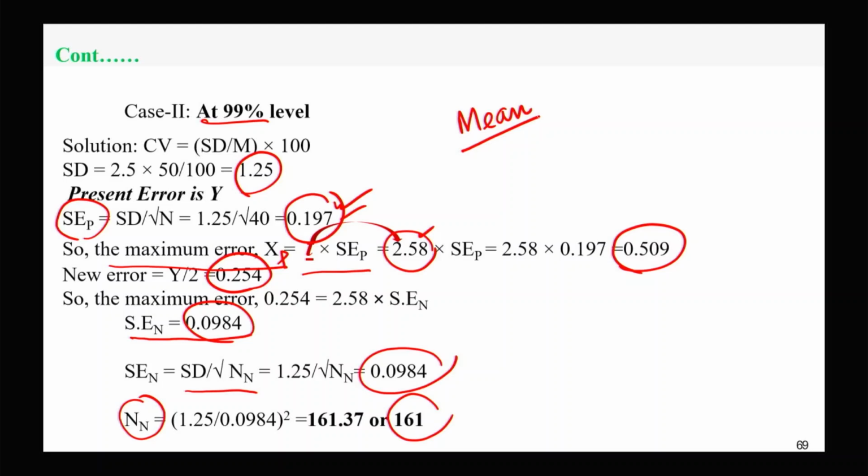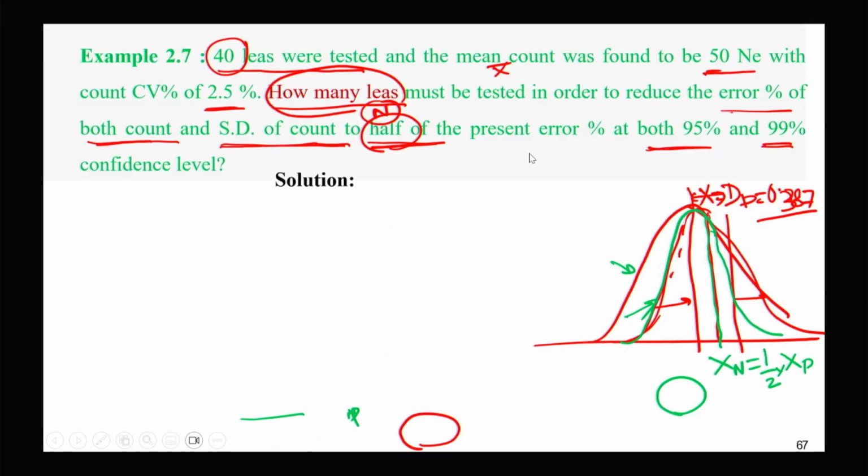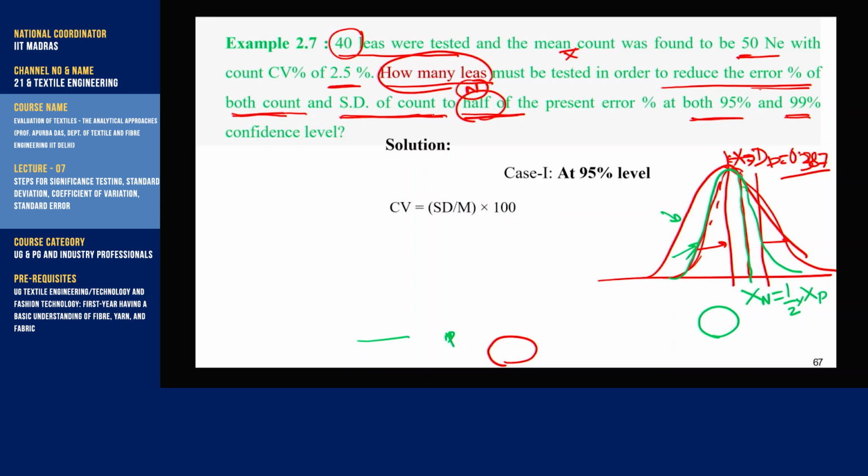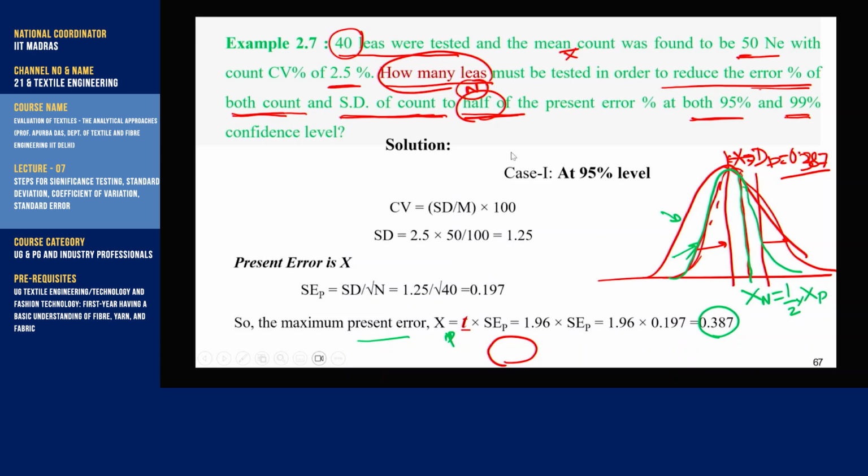Now let us see what happens in the case of the standard deviation. The question was how many tests must be conducted in order to reduce the error percent of both count mean and standard deviation. Till now we have discussed the mean.